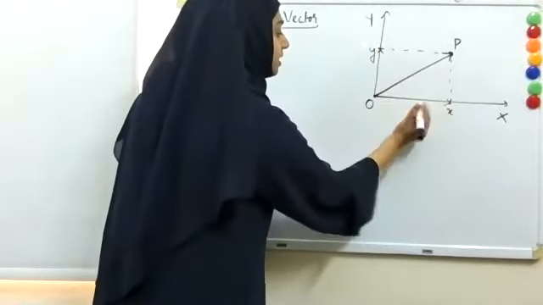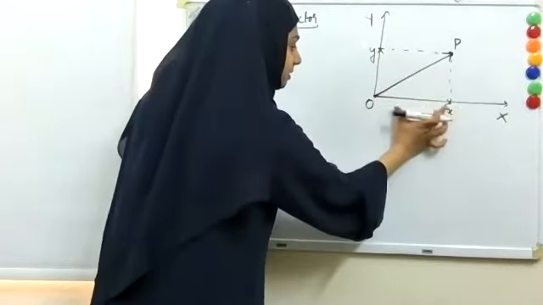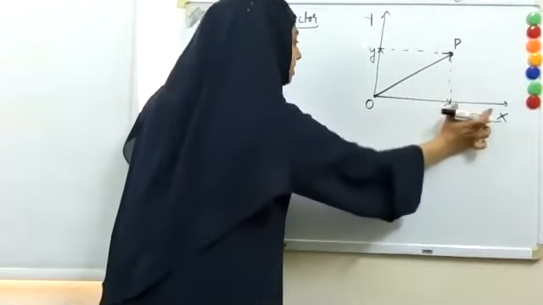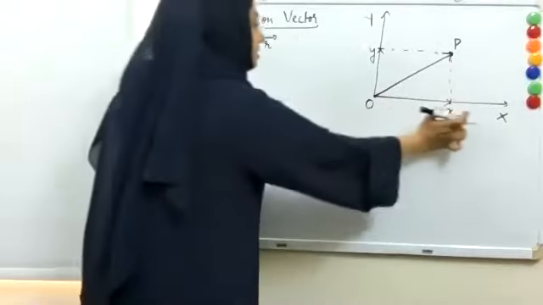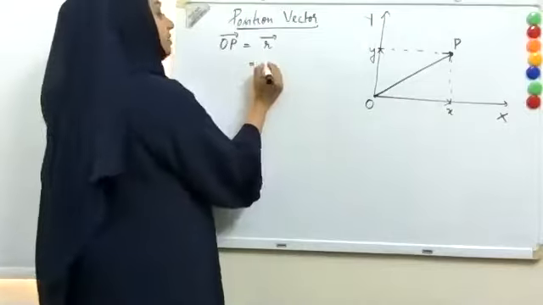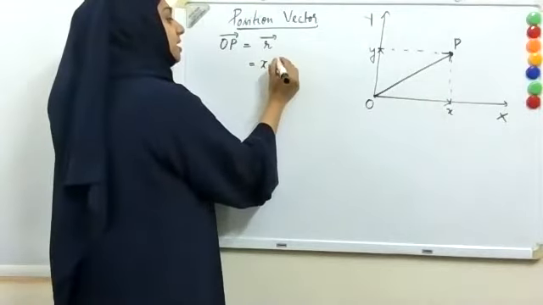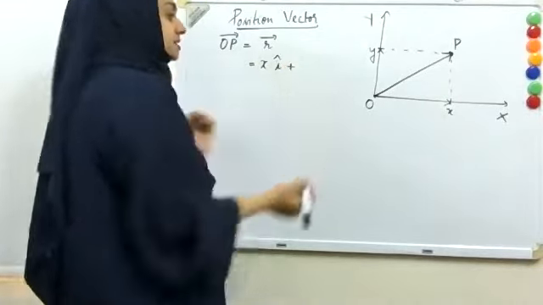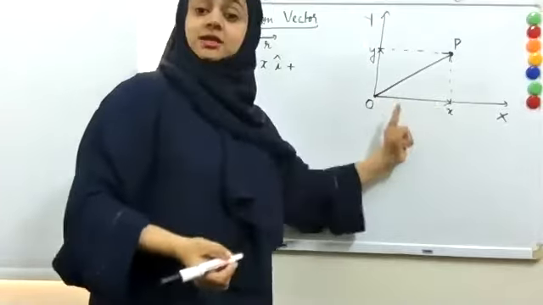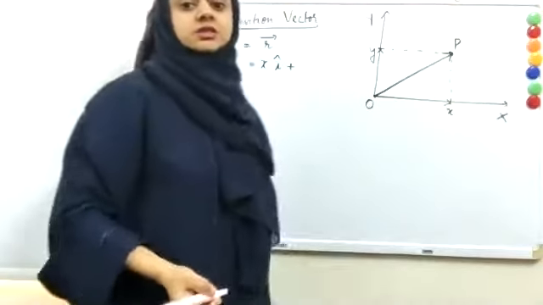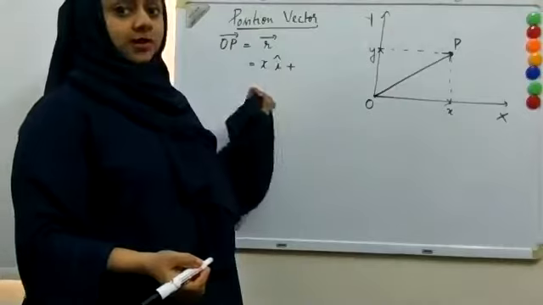So if this is a vector having magnitude x in the direction of the x-axis, I can represent this as x i cap. That is magnitude x and in the direction of the x-axis shown by the unit vector i.